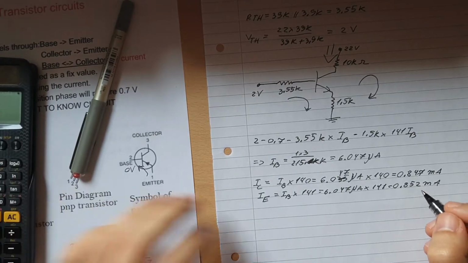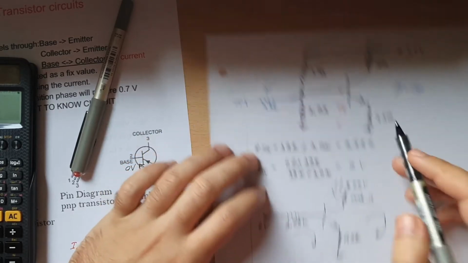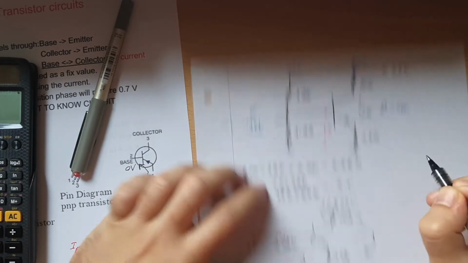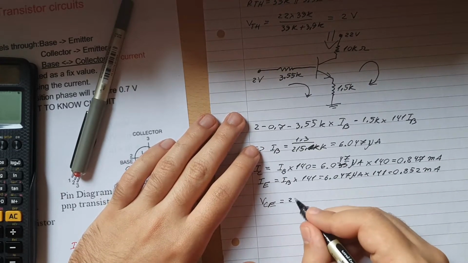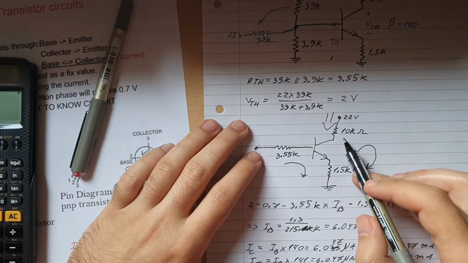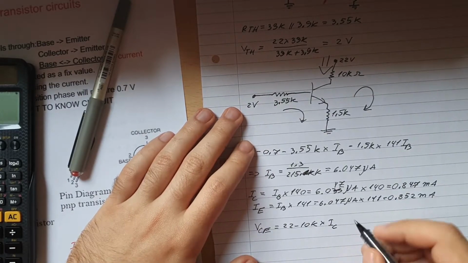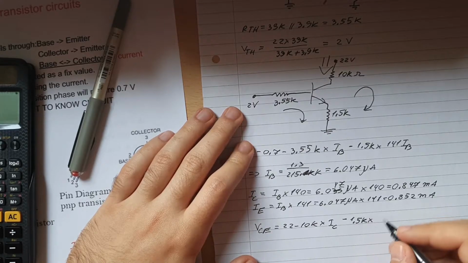Alright, and now we can do the last part, which is finding the VCE, what we wanted to find in the first place. VCE will be equal to 22 minus 10k times IC minus 1.5k times IE.